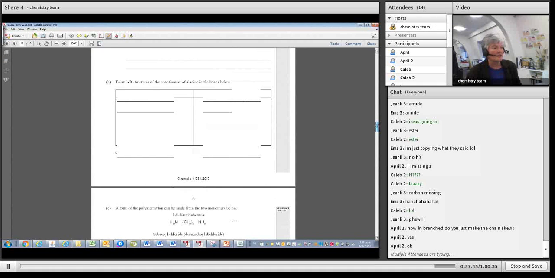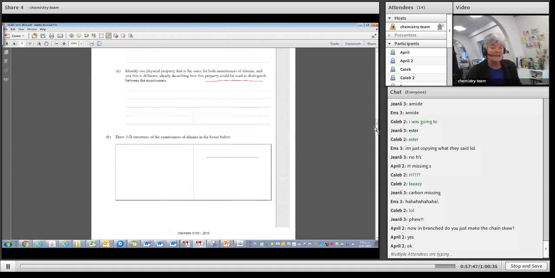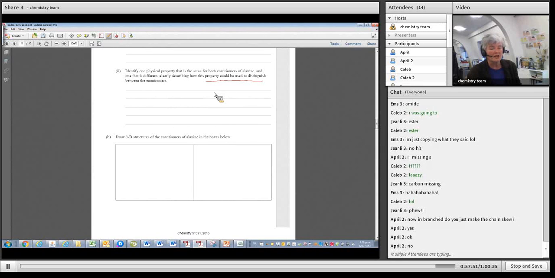Okay, as a matter of interest, if I have equal amounts of enantiomers, will it rotate the plane of polarized light? No. Remember that racemic mixture that we call it? A racemic mixture does not, because the one enantiomer is trying to rotate it to the left and the other one is rotating it to the right, and so eventually nothing happens.